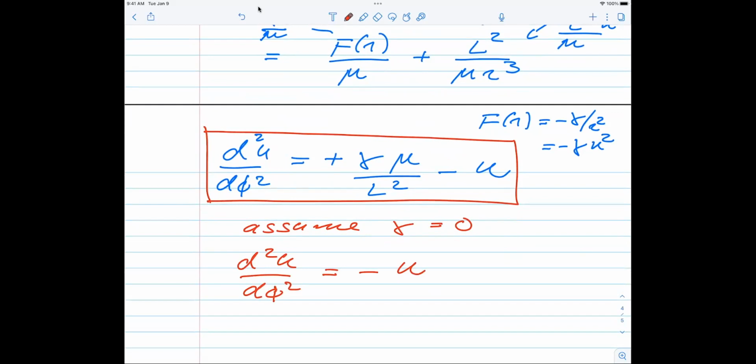Again, if you think back to harmonic oscillations and replace u with x. So this is a famous differential equation. When you see that differential equation, you should not even think. This has as a solution two famous functions.